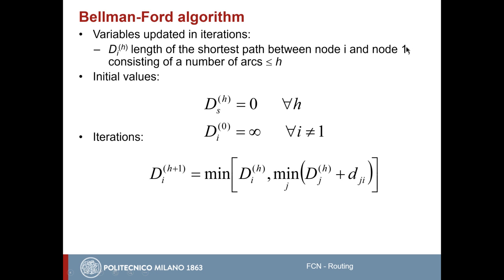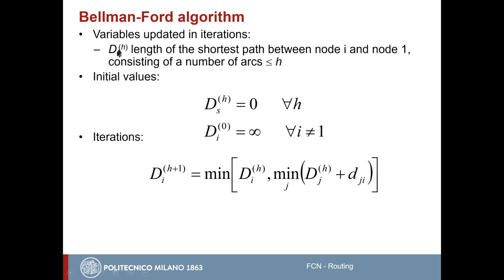Here we imagine that we apply it source-wise, so from the source node to all the other nodes. This shortest path consists of a number of arcs which is less than or equal to h. So we will see immediately that this h is like a horizon, a boundary that limits the topology that has been discovered by the source node.